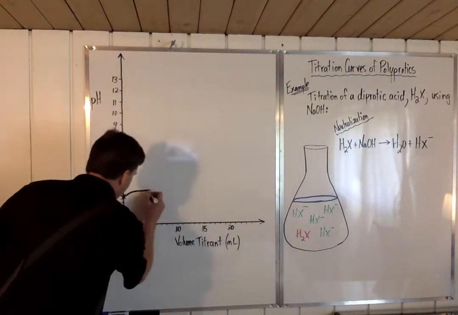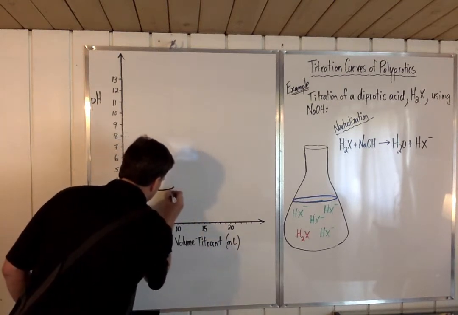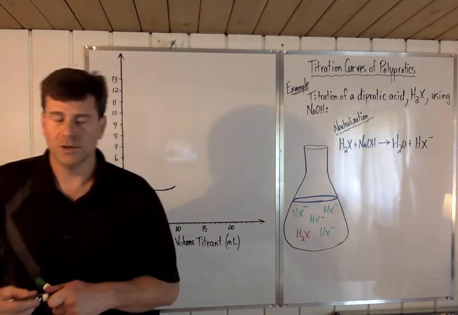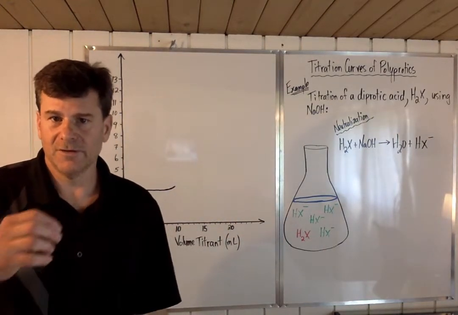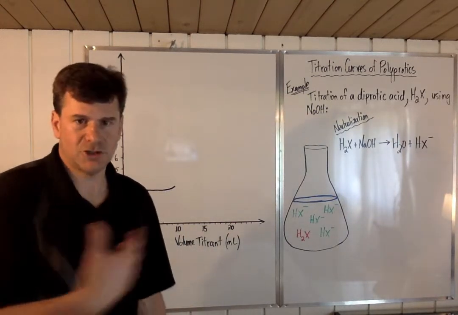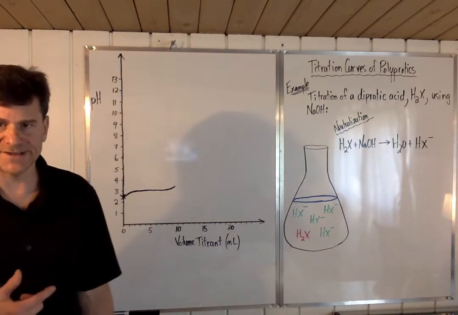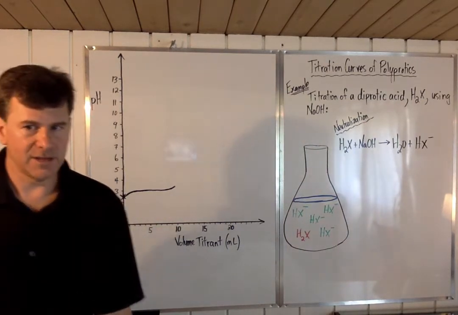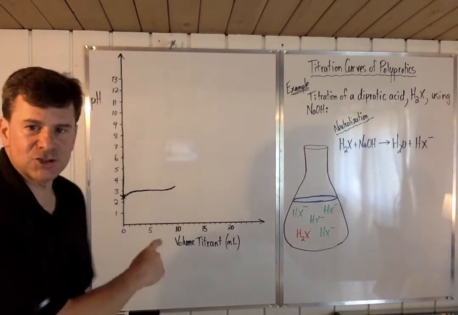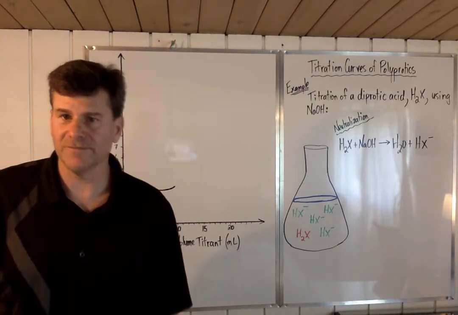There's a little bit of a buffer zone, and then all of a sudden, where we are right now, we've removed 4 out of the 5 H2X's and turned them into HX minus. We're starting to see a little bit of a rise in the curve. In your brain, you're thinking, ooh, I wonder if we're about to hit the super steep, we're at equivalence part of our titration curve.